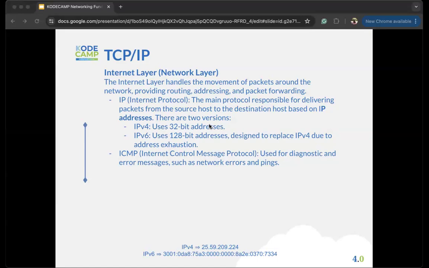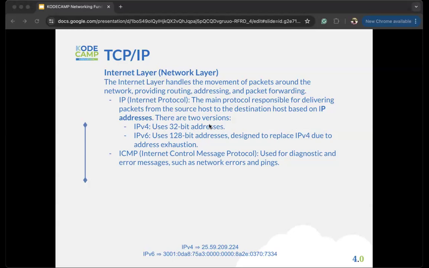Basically, the standard organizations have decided that we are overutilizing IP version 4, so they're encouraging more use of IP version 6 for setting up your IP addresses within the network.